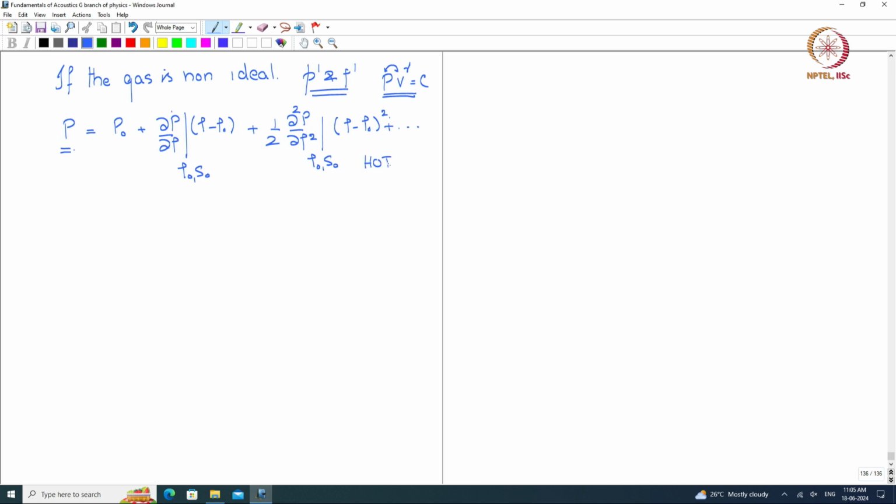So P minus P0 is equal to del P by del rho at rho 0 comma S0 times rho minus rho 0. Now P minus P0 is P dash, the perturbed pressure, and rho minus rho 0 is rho dash, the perturbed density. So then P dash is equal to del P by del rho at rho 0 S0 times rho dash.